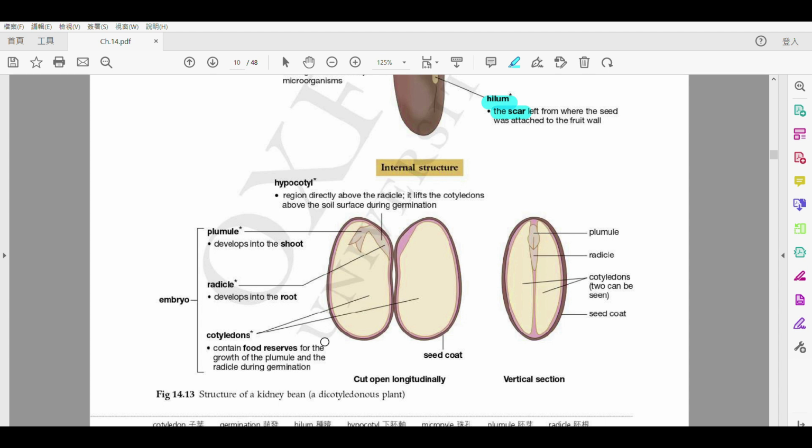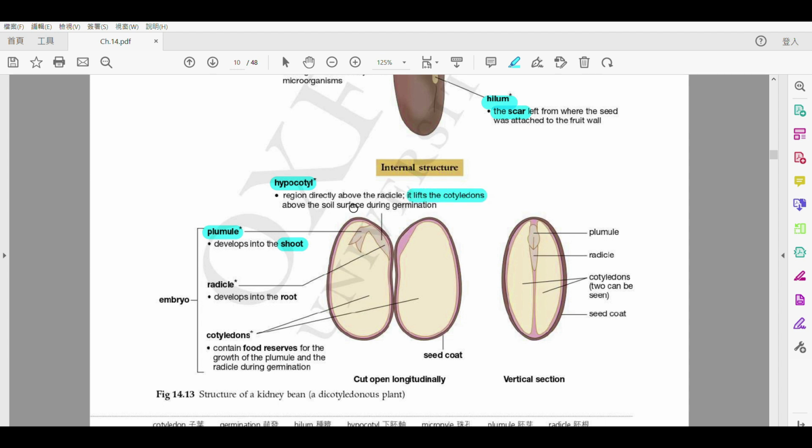When we talk about the internal structure, we need to know these four structures. This is the inside of the seed. We start from the top. This one is the plumule that will develop into the shoots, that means the leaves. In the middle, you will see the hypocotyl. This one will bring the plumule up and lift the cotyledons up.